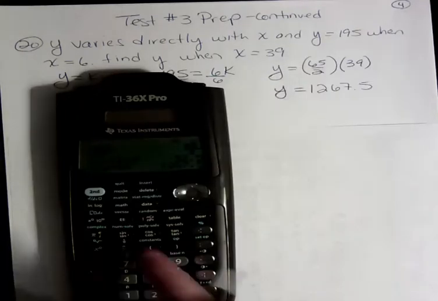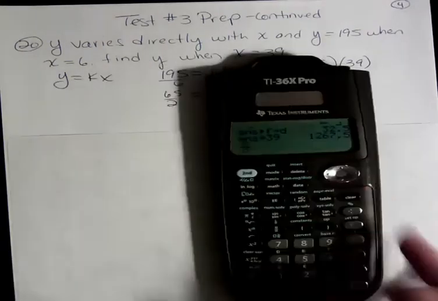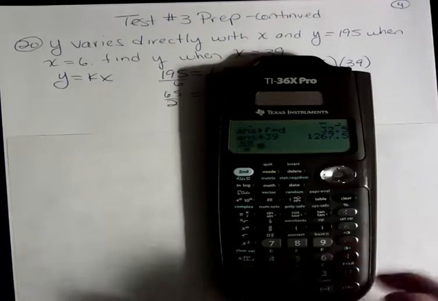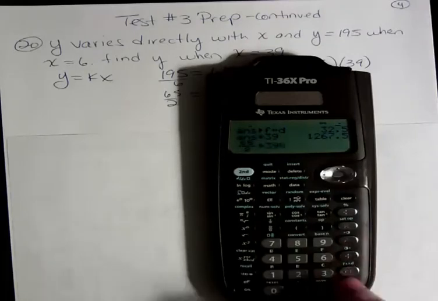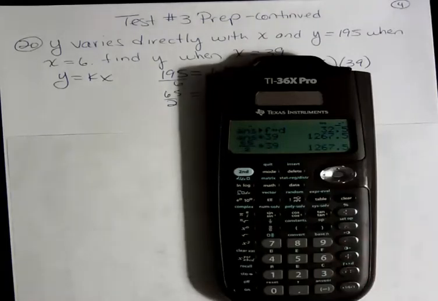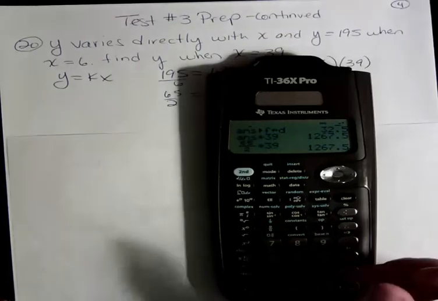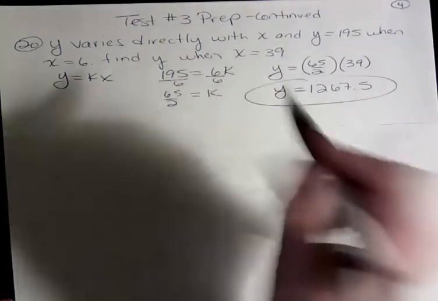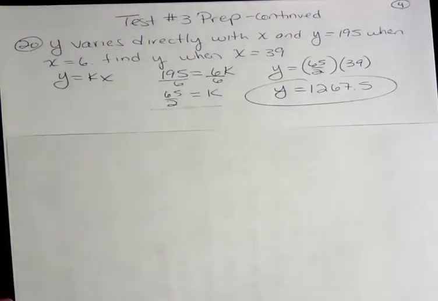You could also do it as 65/2 times 39. Same answer whether you use the decimal or the fraction answer for that. 1,267.5. That's your actual answer. The k you had to find along the way to get there.